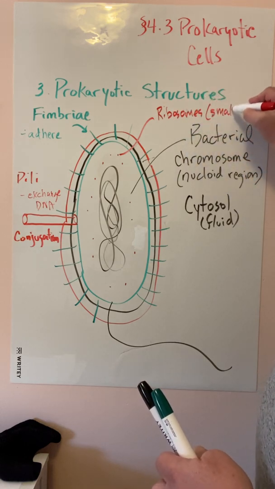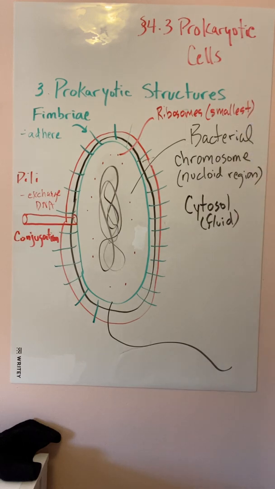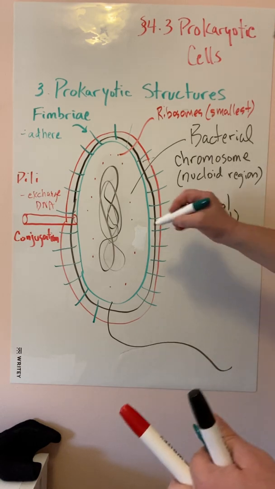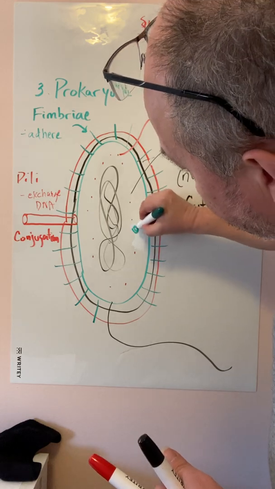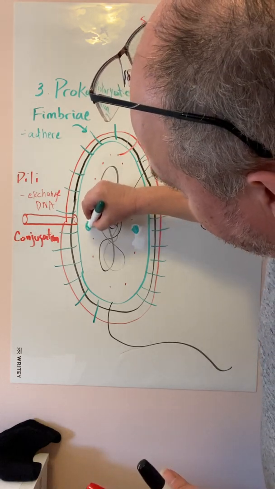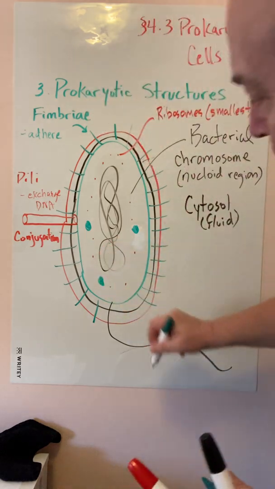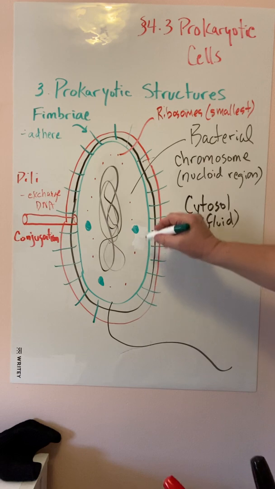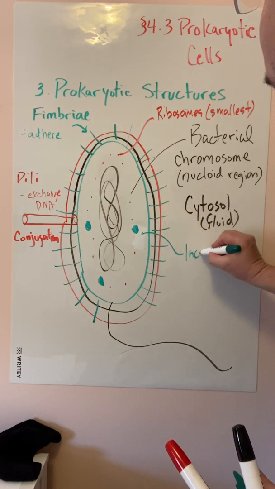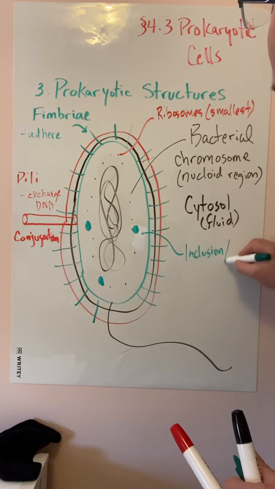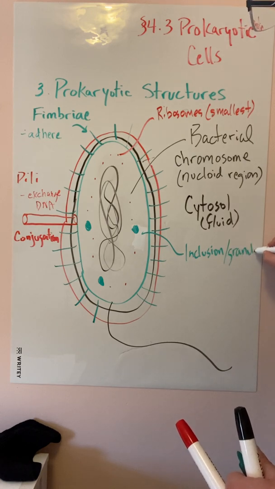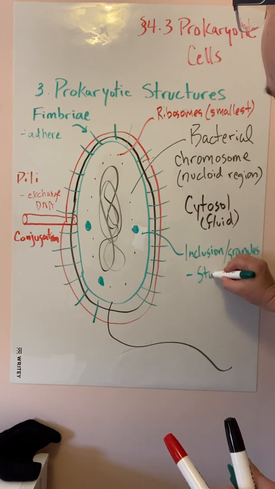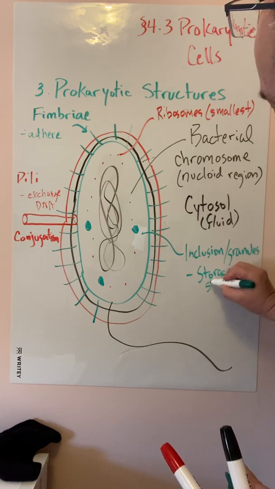And I point this out to say that they are the smallest because they can get confused with those inclusions or granules. Inclusions or granules are going to be solid because it's a big storage unit of materials. But look how much bigger this granule or inclusion is compared to a ribosome. So inclusions or granules, these are storage structures.